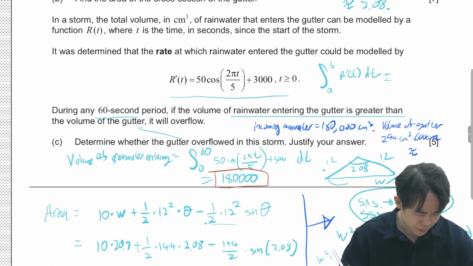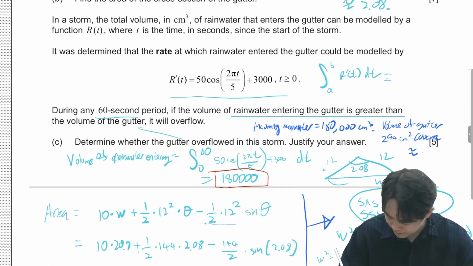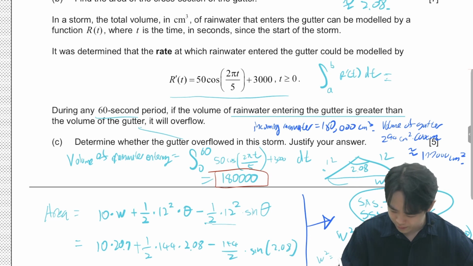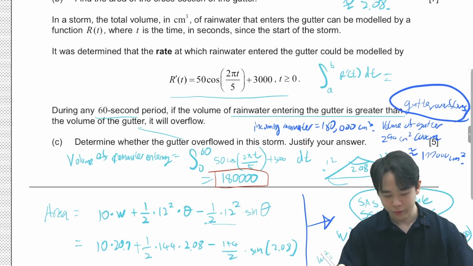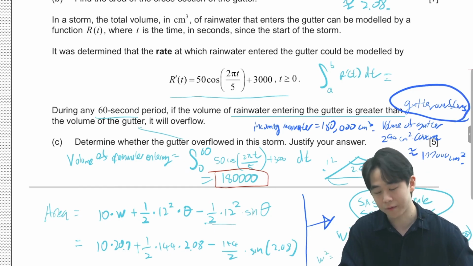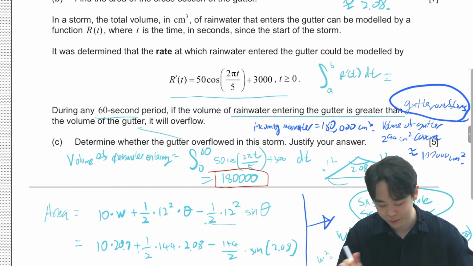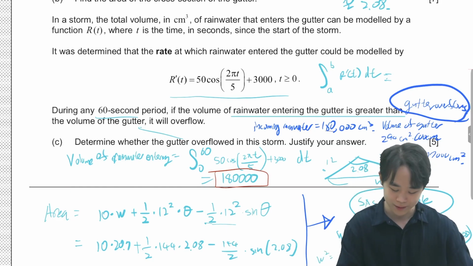So that should be somewhere around 177,000. So we know that the gutter will overflow. Right? So you can say that the gutter overflows, because from the earlier cross-sectional area that we found, the total volume of the gutter is less than 180,000, which is what the incoming rainwater volume was.